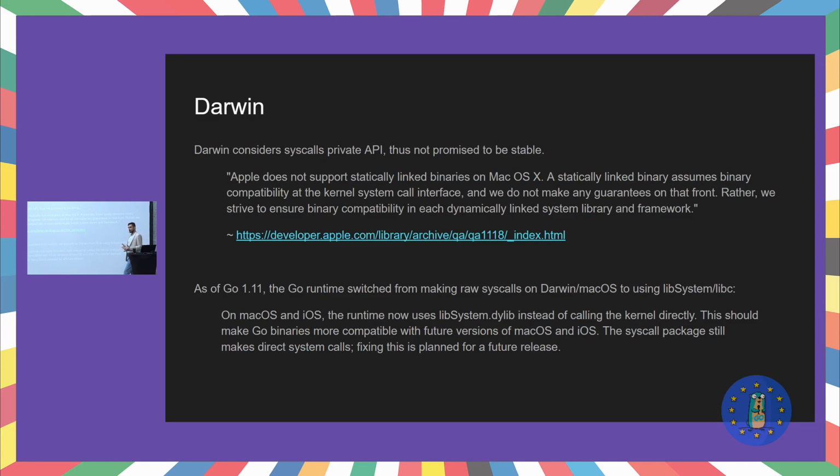Are we using C or not? And what if we disable CGO? What's going to happen here? Now, the thing is, you'll still end up with libc one way or another on Mac. And on OpenBSD, you're still going to end up with libc one way or another. Even if you disable CGO, libc of OpenBSD is still going to be there, and that's the only C code that's going to be in your final executable.